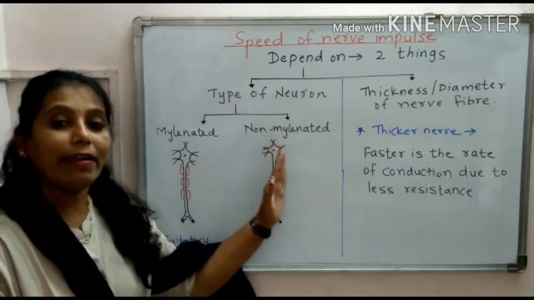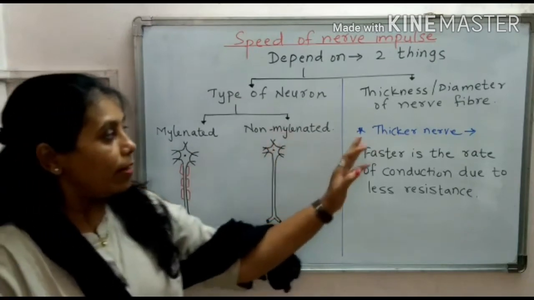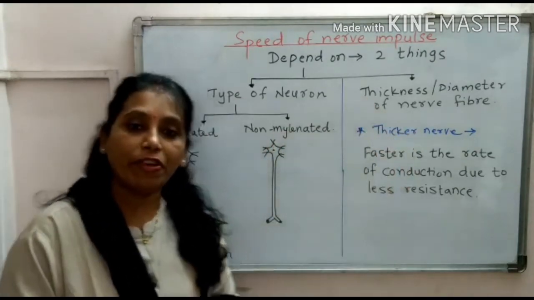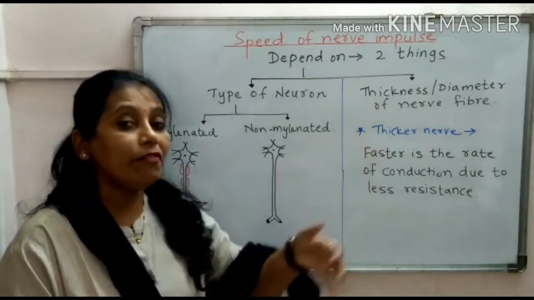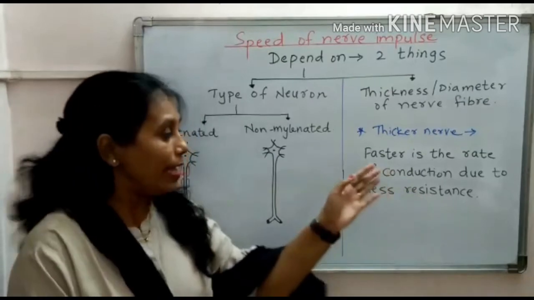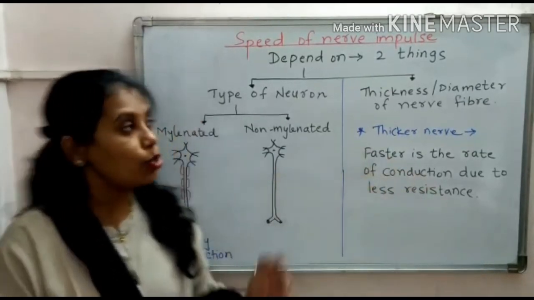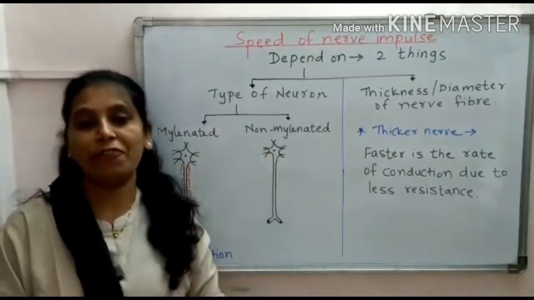But it takes time in case of non-myelinated neuron. Here the thickness or the diameter of nerve fiber, if the nerve is thicker, then the rate of conduction is very fast due to less resistance. So this is all about the speed of nerve impulse.